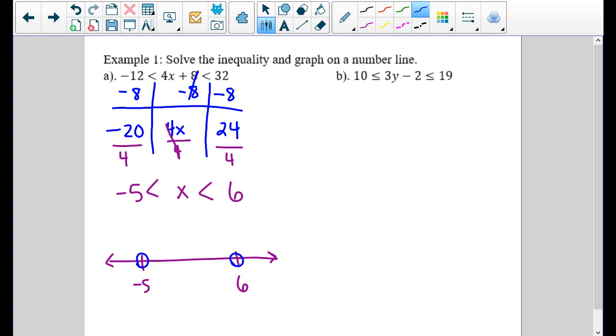Negative 5 is less than x, I'm shading to the right. x is less than 6, I'm shading to the left. Wherever these graphs overlap, that's where we're going to shade. So I have shading in between the two circles. Most of the and inequalities are going to be shaded in the middle.